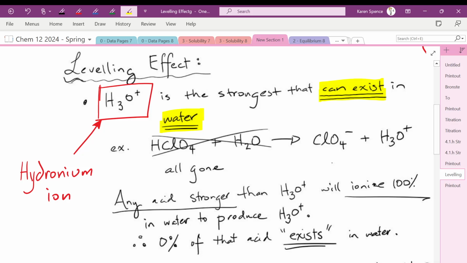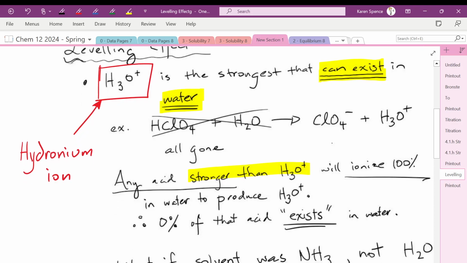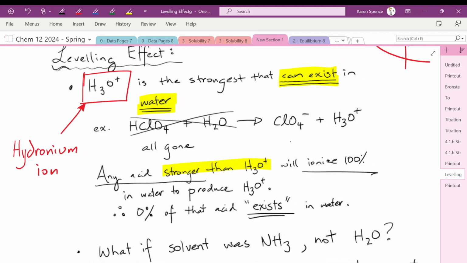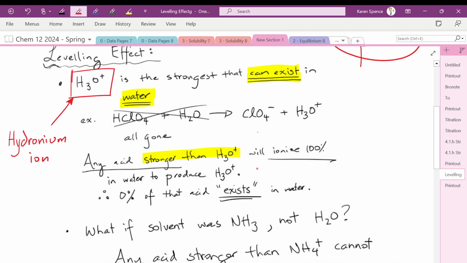And that is because any acid that is stronger than H3O+ will ionize 100%. And therefore, how much of it will be left? 0%, okay? So 0% of that acid exists in water. Say, for example, we had HCl.